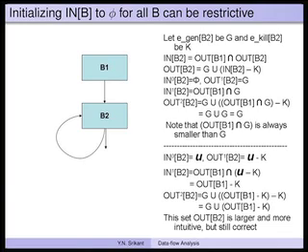What about the case when we initialize in B 2 to the universal set u? Out B 2 will be u minus k. So, this is as usual, and what about in B 2? We just took out B 2 as u minus k from the equation.